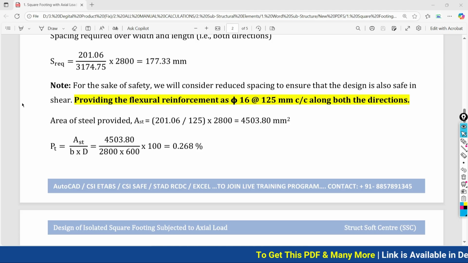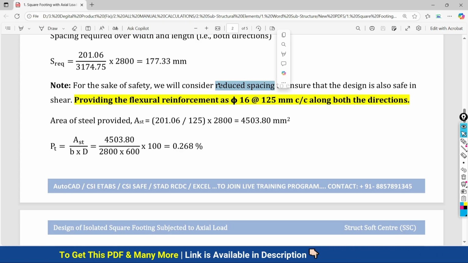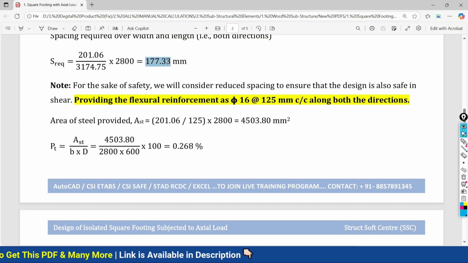So that's why here it is written that for the sake of safety we should consider the reduced spacing. Whatever spacing you are getting, that is okay, but you have to consider the reduced spacing over this demand, so that the design should be safe in shear as well.